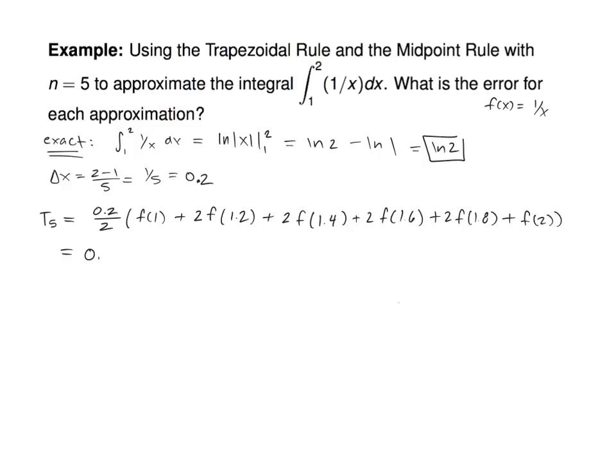Okay, so that's 0.1 times 1 plus 2 over 1.2, 2 over 1.4, 2 over 1.6, 2 over 1.8, and I think also 1 over 2 in the last one. Do you guys agree with that? Or if you had fractions, they would reciprocate, just like you were saying. So that's approximately equal to 0.696.